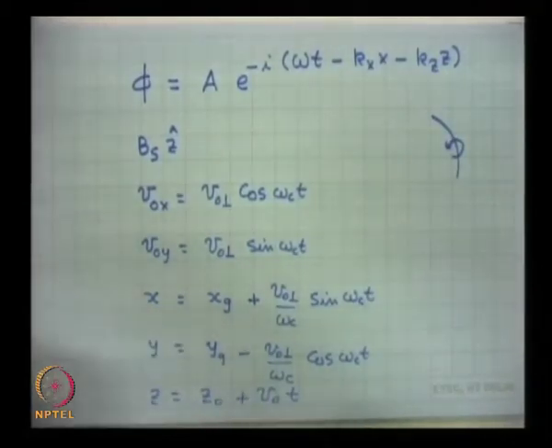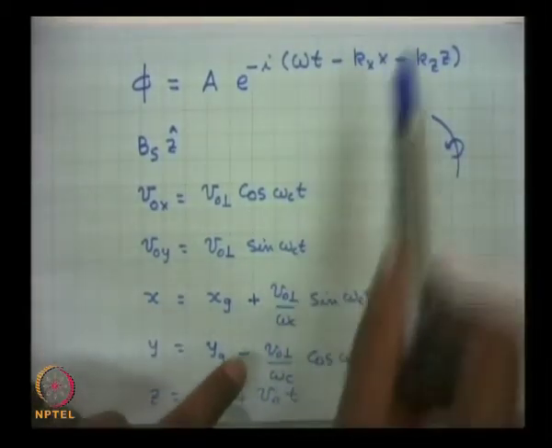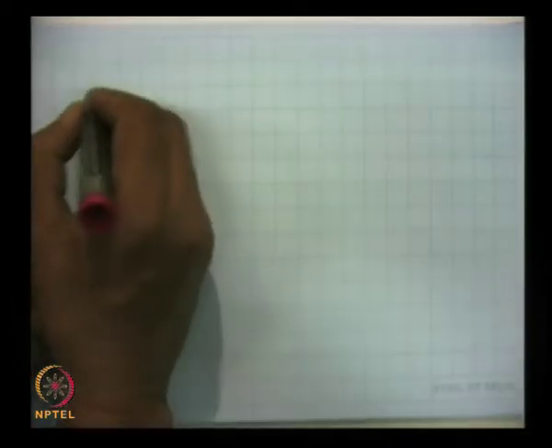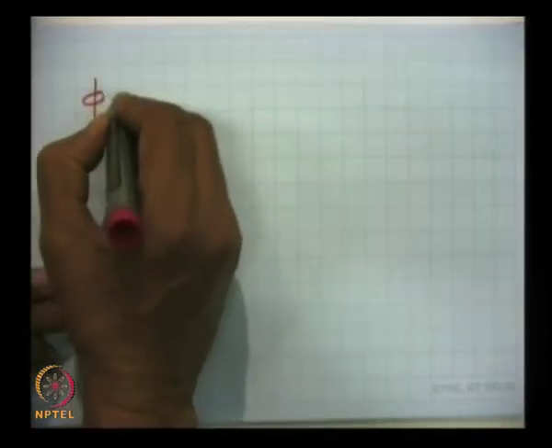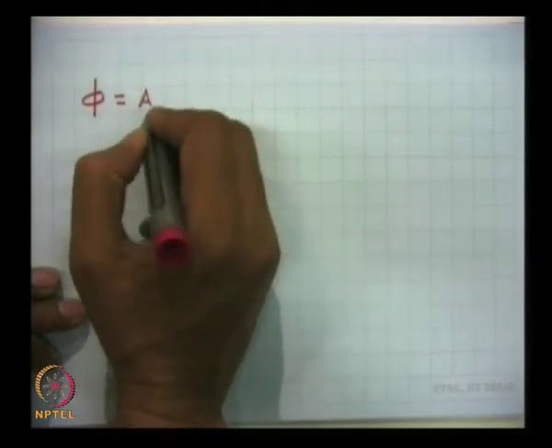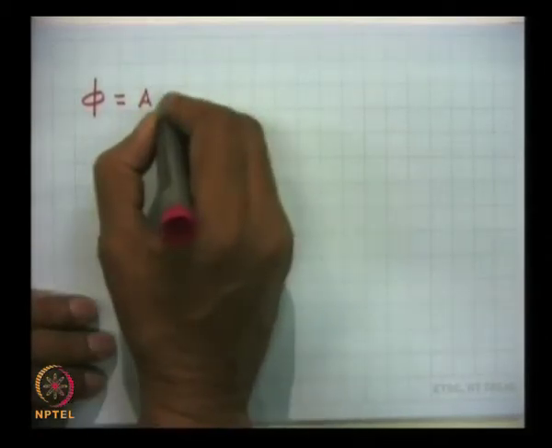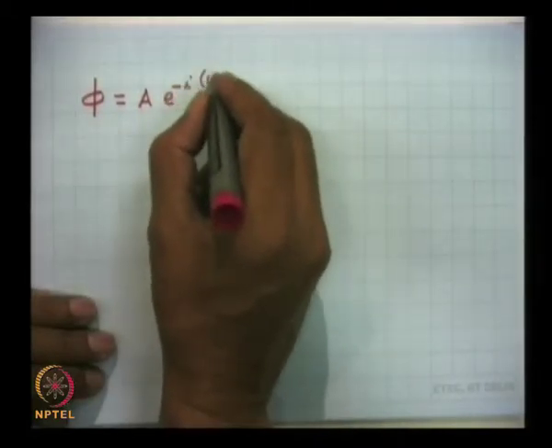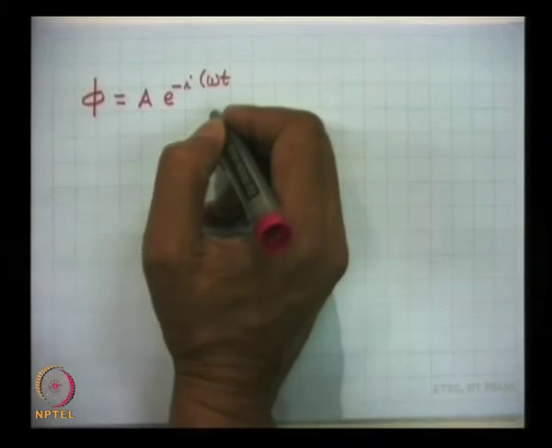Let me use these two in here. The problem would come when I substitute this here, let us see what I get. My phi, the potential of the wave as seen by a gyrating particle, becomes A exponential minus i, omega t remains as such.